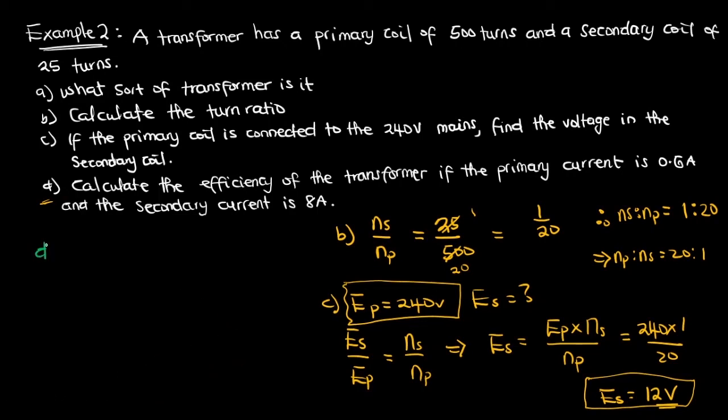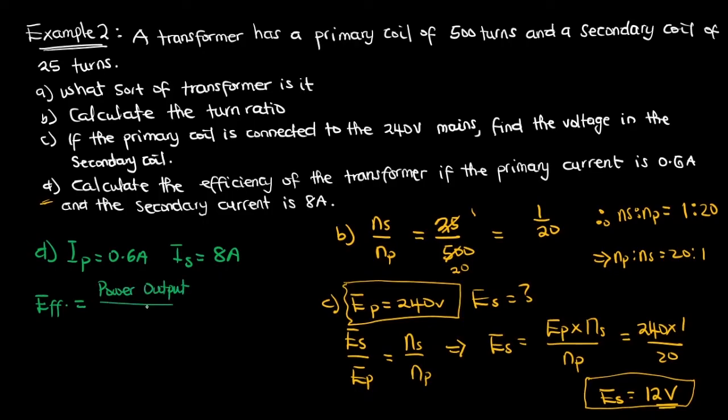So D, we have to calculate the efficiency of the transformer. So we are told that the primary current IP is 0.6 amperes, and then the secondary current IS is 8 amperes.